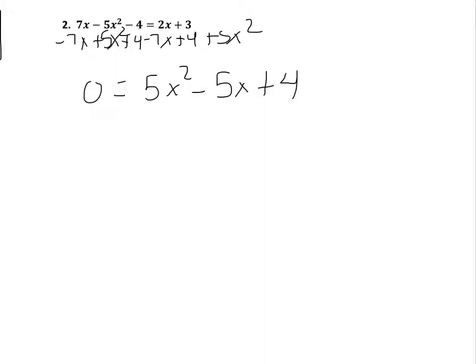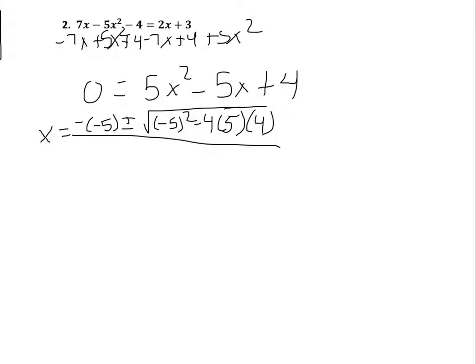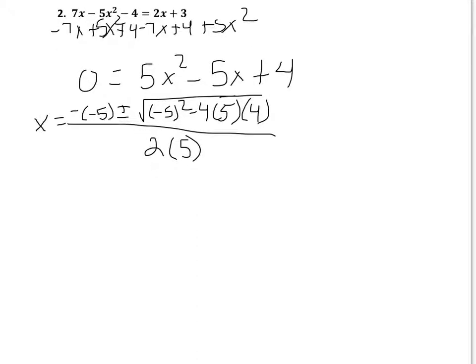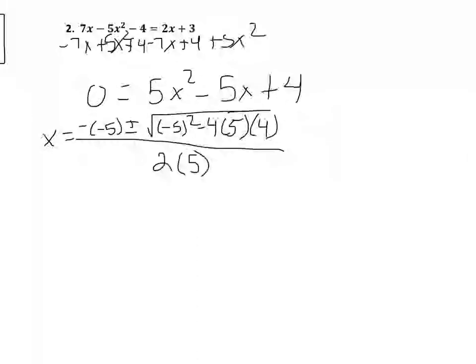So just set up the equation. X equals negative b plus or minus the square root of b squared minus 4 times a times c, all over 2 times a. Alright, so you would get x equals 5 plus or minus the square root of negative 55 over 10.